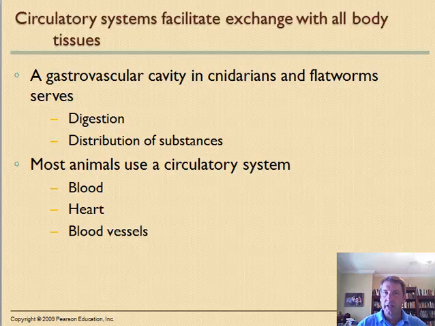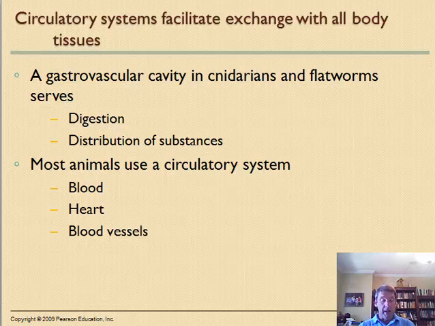They can exchange things basically just through their gastrovascular cavity, so they don't have a series of vessels used to pump things around. But even most invertebrates have some form of a heart, blood vessels, and then inside it blood. So those are the three main components of the circulatory system.